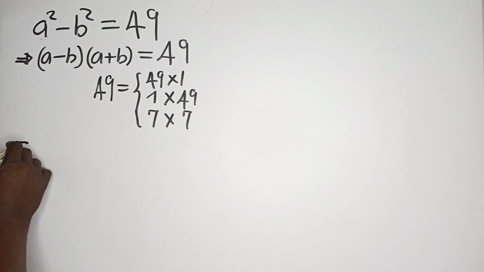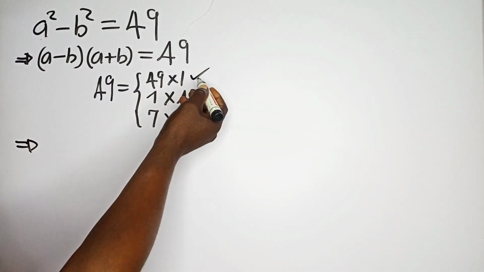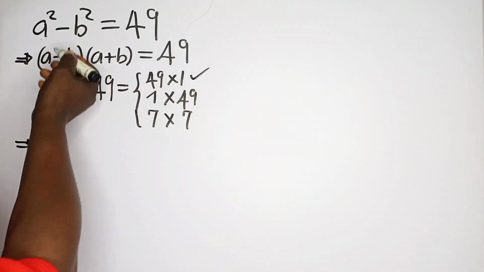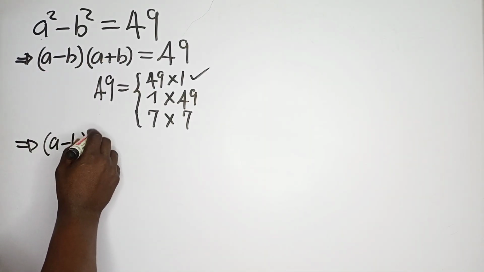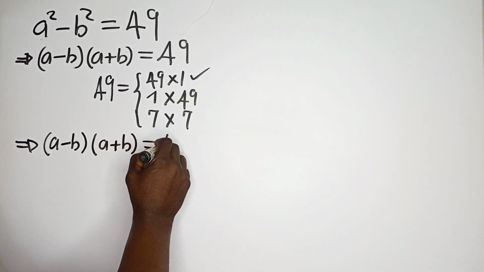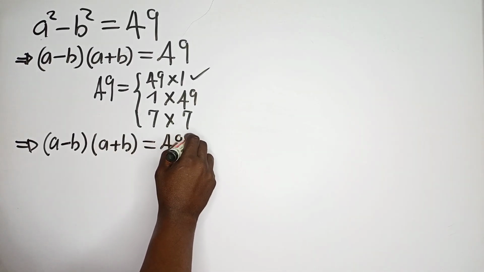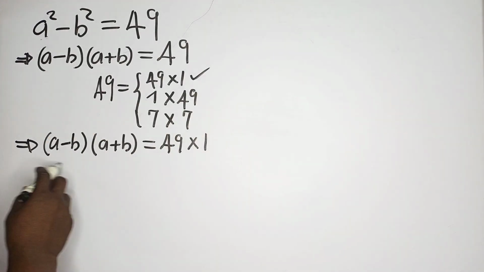Now, let us take the first case. If we take 49 multiplied by 1, then we are saying (a minus b) times (a plus b) can be expressed as 49 times 1. This product giving us this product.